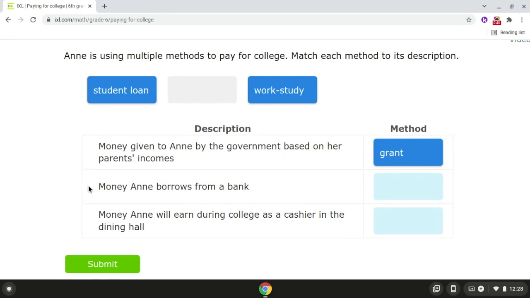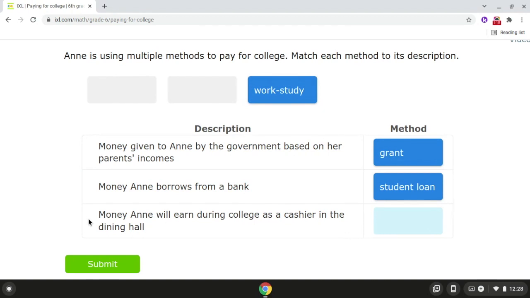For description number 2, this is money Anne borrows from a bank. This type of method is a student loan method. And for description number 3, this is money Anne will earn during college as a cashier in the dining hall.